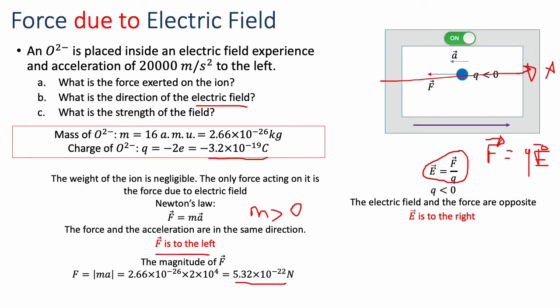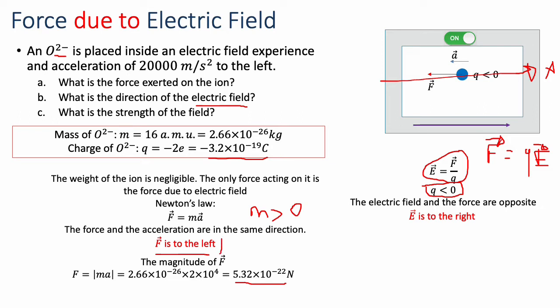Now, let's remember two things. If Q is positive, F and E are in the same direction. If Q is negative, F and E are opposite to each other. Here, what is Q? Negative. So it is a negative ion, so Q is negative. Q negative means F and E are opposite. And F, where did we find it? We found it to the left.